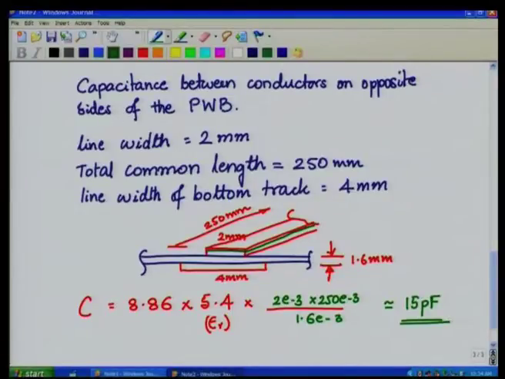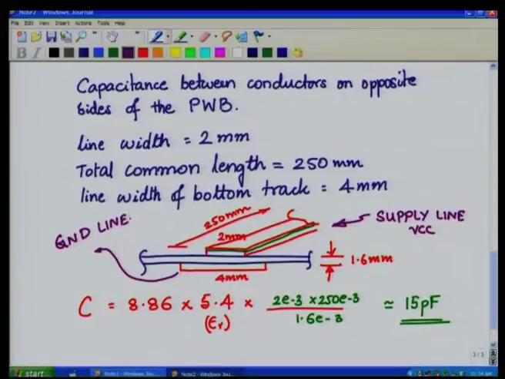So, when you are talking of tracks between the opposite sides, you see that this top track could easily be a supply line, supply line meaning the VCC line, and the bottom track could be a ground line.